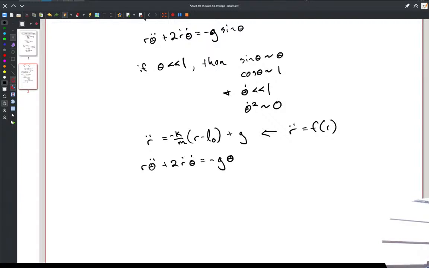So up top I have an independent equation describing just a mass that's hanging and bouncing up and down. And then this equation is describing how it rocks back and forth.